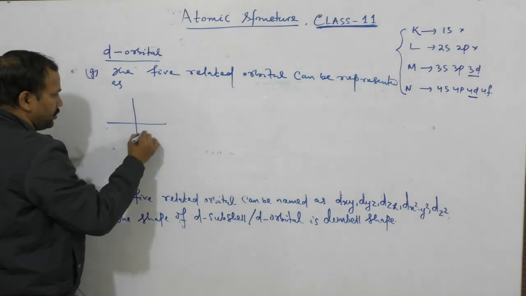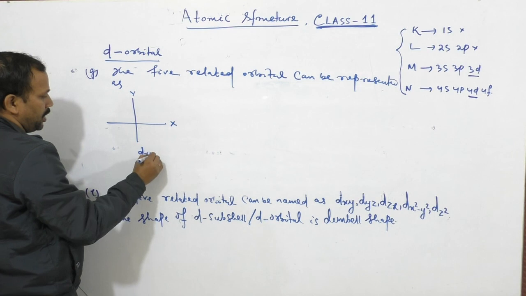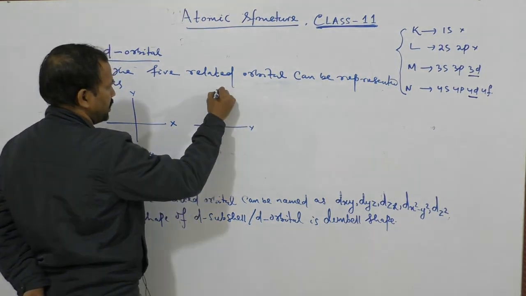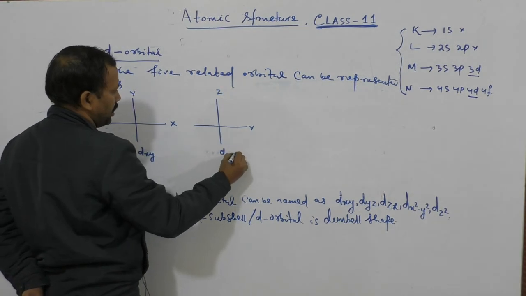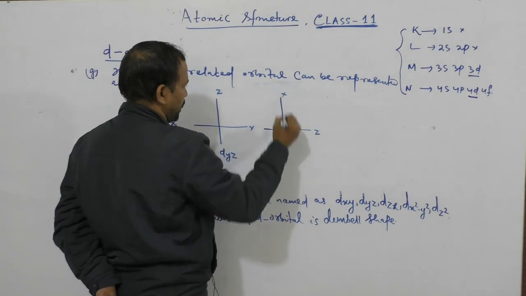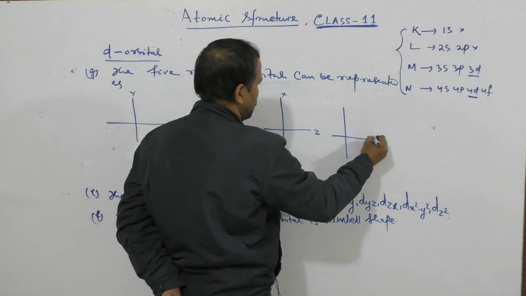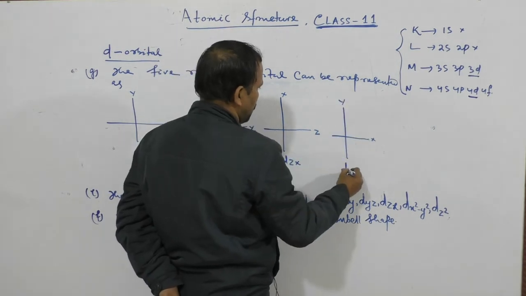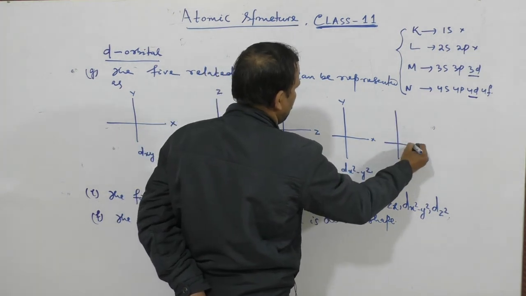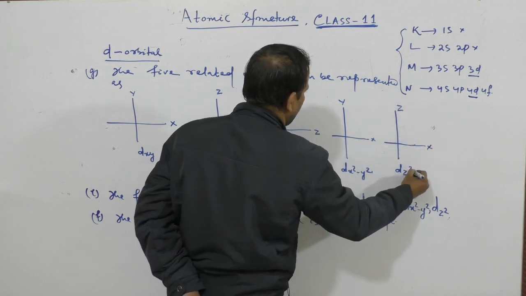Now this is x axis, this is y axis, its name will be dxy. Similarly this is y axis, this is z axis, that is called dyz. This is suppose z axis, that is x axis, that is called dzx. This is x axis, this is y axis, that is called dx square minus y square, and the last one, this is z axis, this is x axis, that is called dz square.